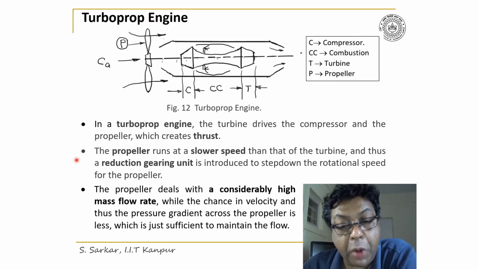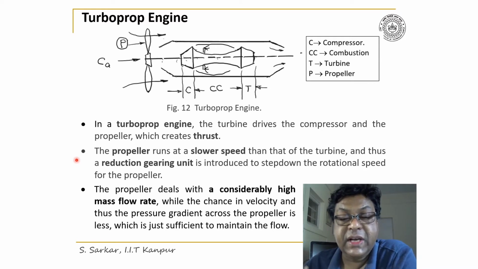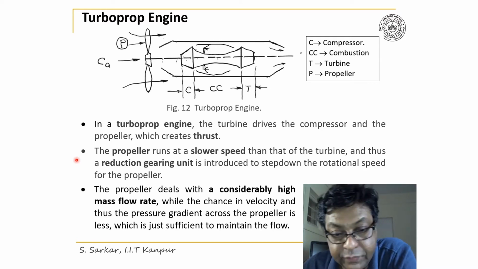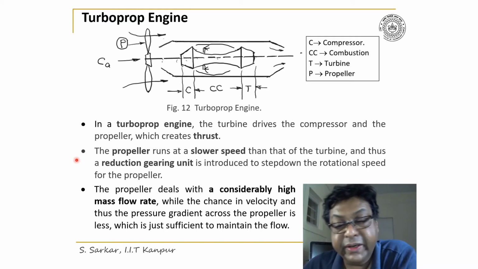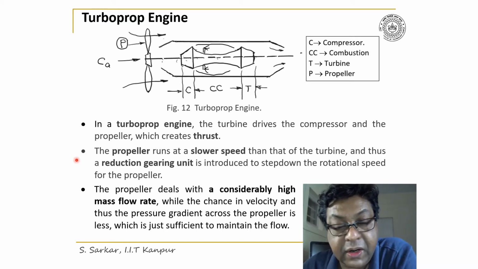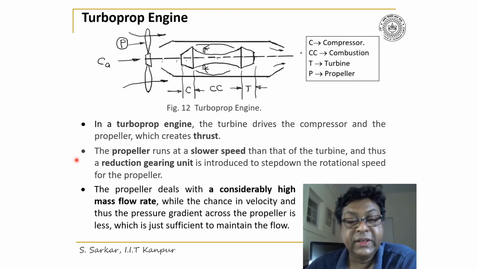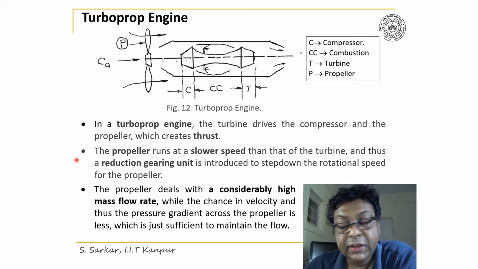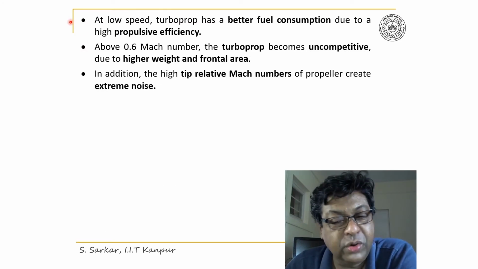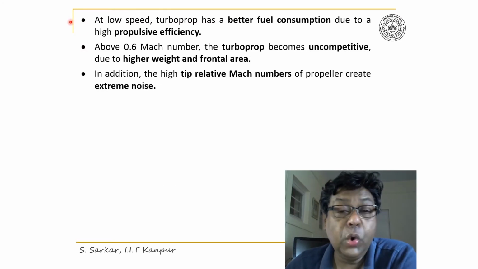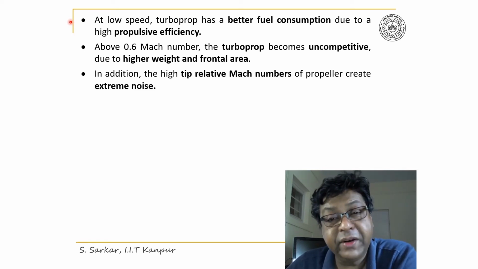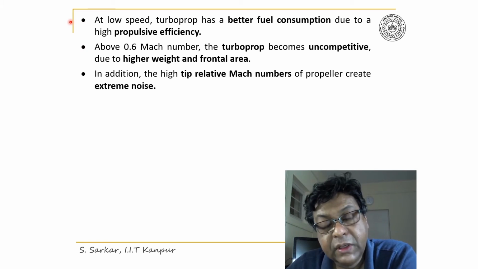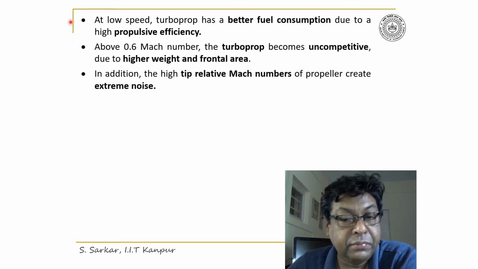Furthermore, the propeller deals with a considerably high mass flow rate, while the change in velocity or the pressure gradient across the propeller is low, which is just sufficient to maintain the flow. Furthermore, please note that at low speed, a turboprop engine has better fuel consumption due to high propulsive efficiency.